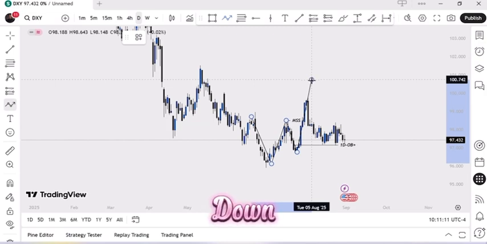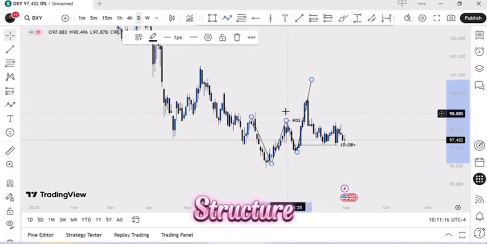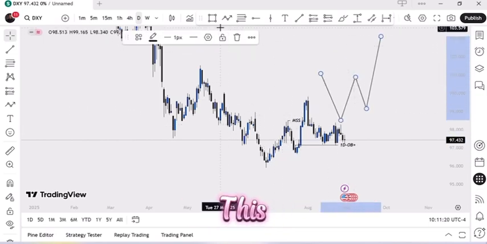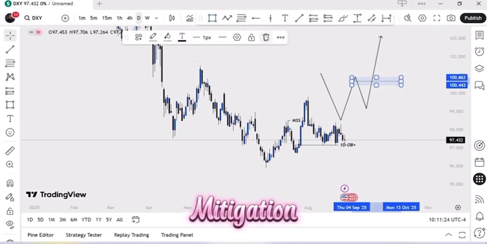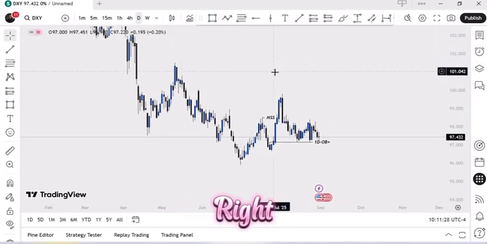Price came down right here and then shifted structure, giving us this bullish mitigation block.